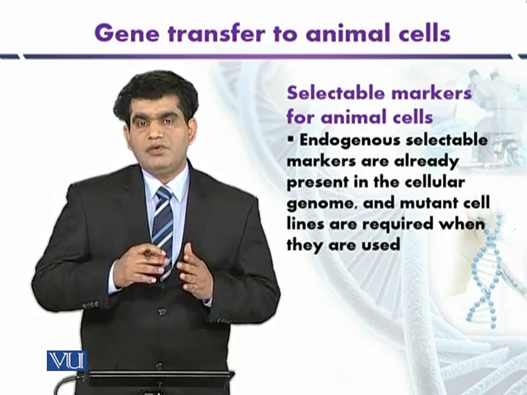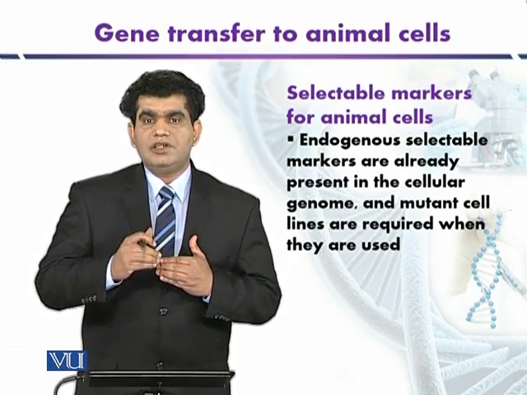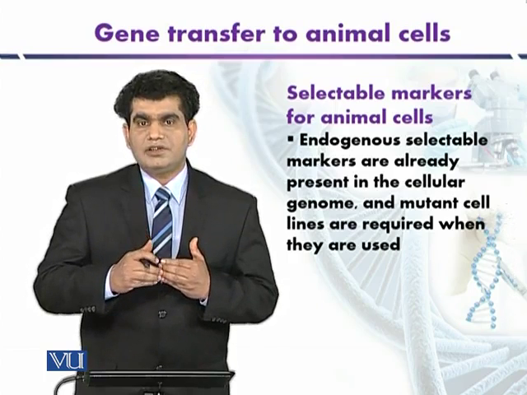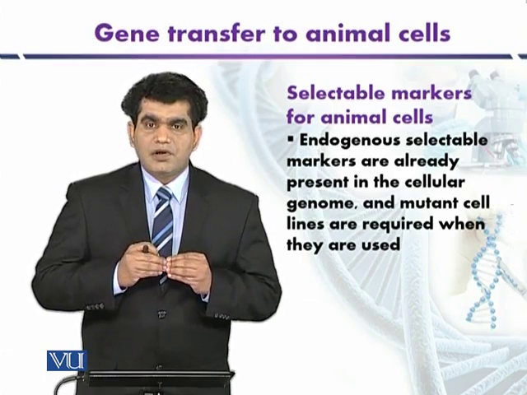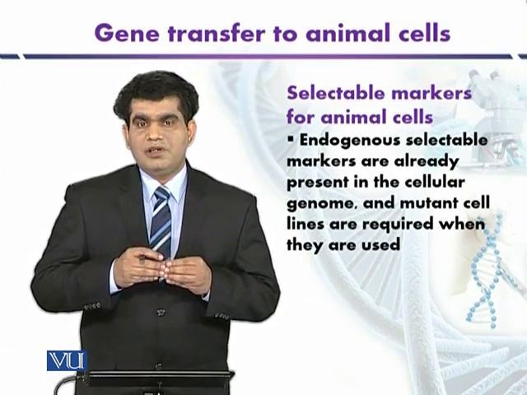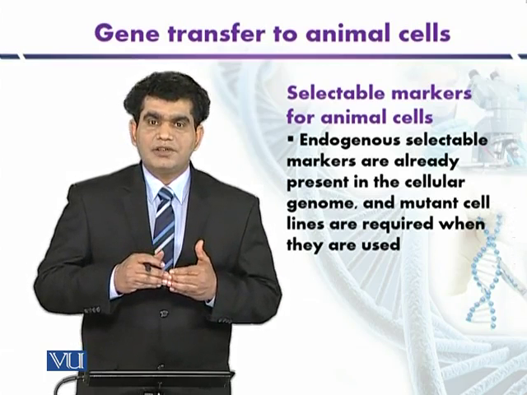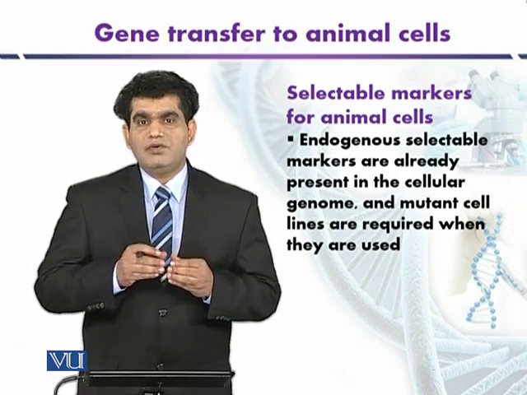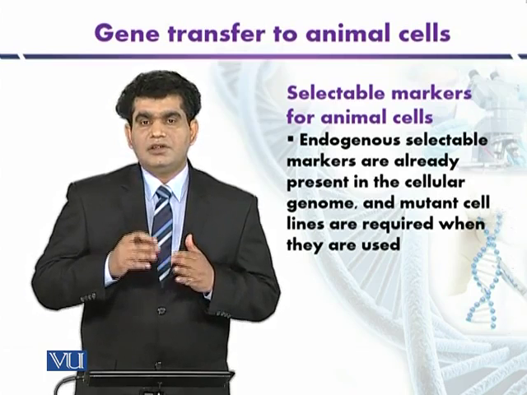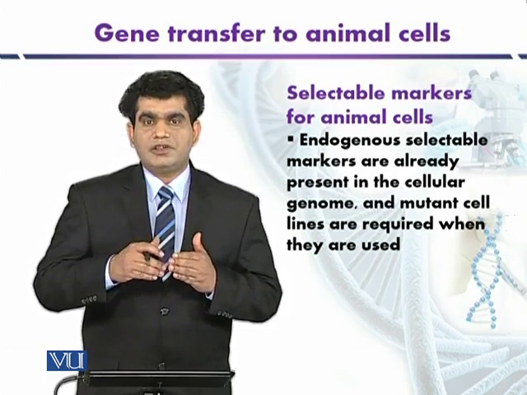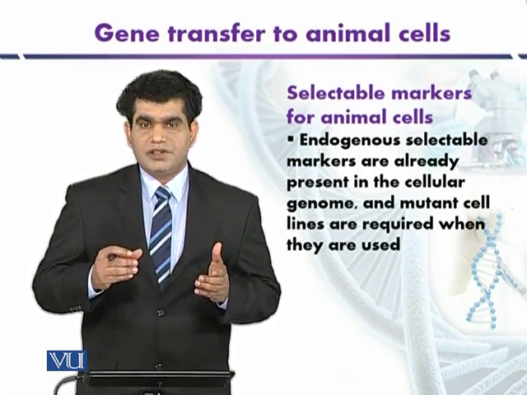And if we transfer our gene of interest along with the gene that encodes thymidine kinase or TK enzyme, then the transformants will also have the ability to produce this TK enzyme due to the presence of this gene. So the wild type phenotype will be restored, and such transformants will indicate that the foreign gene is also present along with the gene that encodes the TK enzyme. So this is one example.